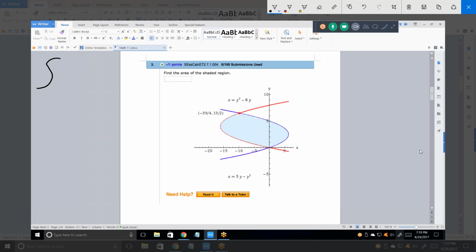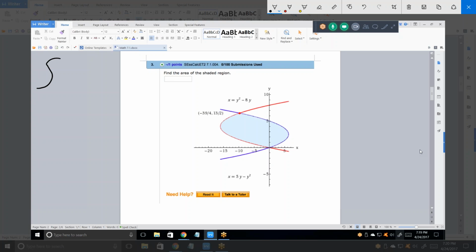No. I'm assuming that this x equal 5y is the blue. Oh, yeah, it doesn't make sense that they would make that the red. Right? If you got to pick one equation for each color, I'm going to call this upper one the red. Yeah. Which means I've got to take this minus the upper one.